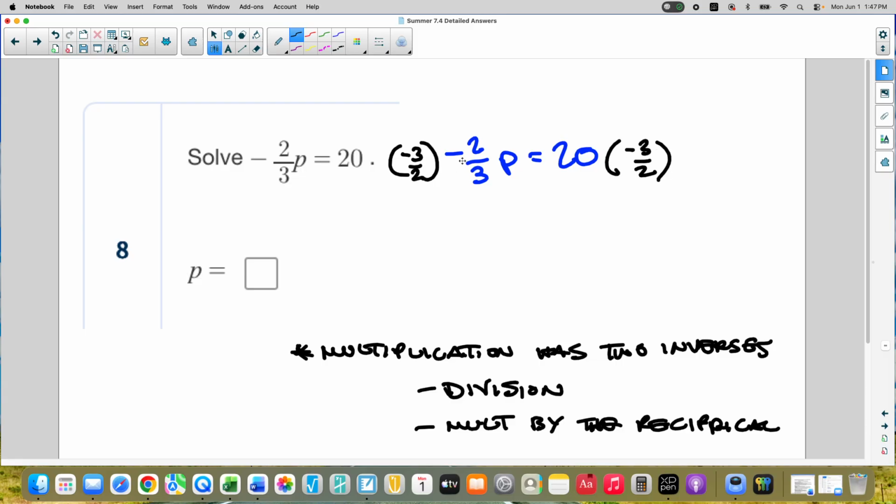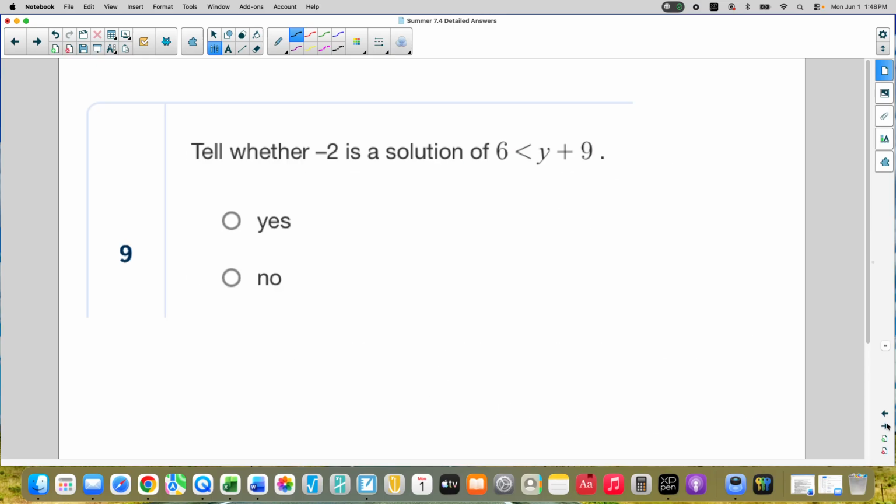These cancel. Any number multiplied by its reciprocal leaves us with the variable by itself. Now I'm not going to write negative 60/2. Remember, I'm going to cross cancel. That is going to be way more efficient. We don't want to make things bigger just to make them smaller. So number 8 is going to be p equals negative 30.